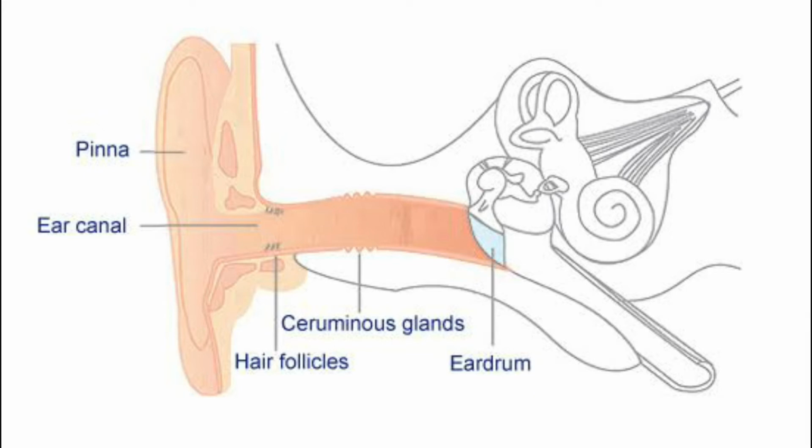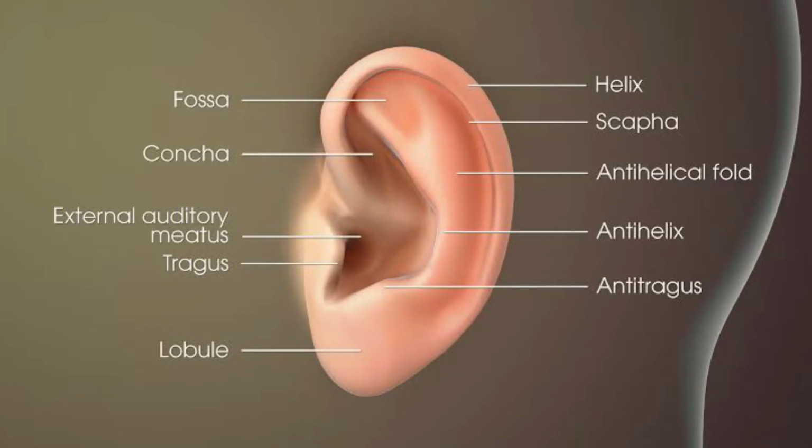The pinna consists of the curving outer rim called the helix and the inner curved rim called the antihelix, and it opens into the ear canal. The tragus, as does the facing antitragus, and the hollow region in front of the ear canal is called the concha.